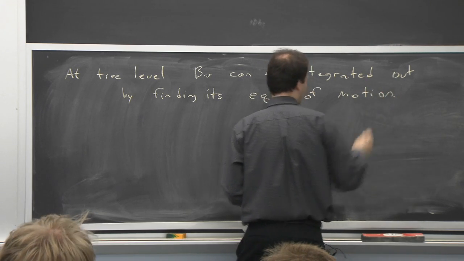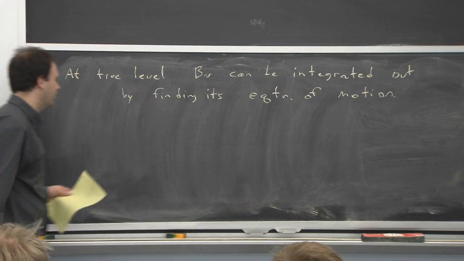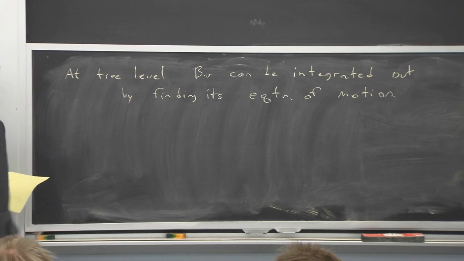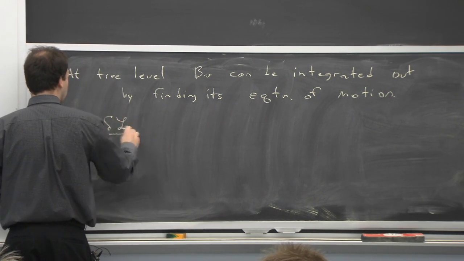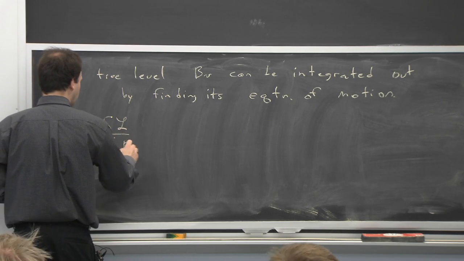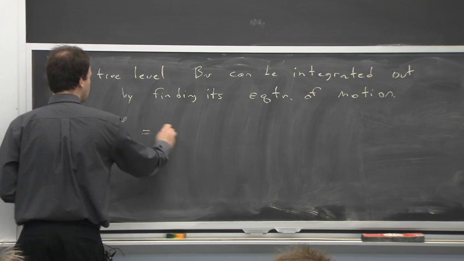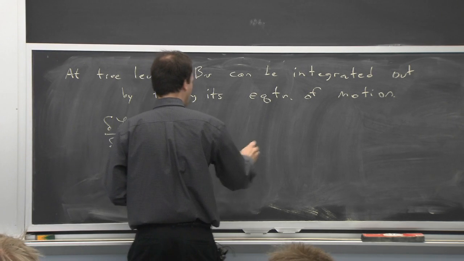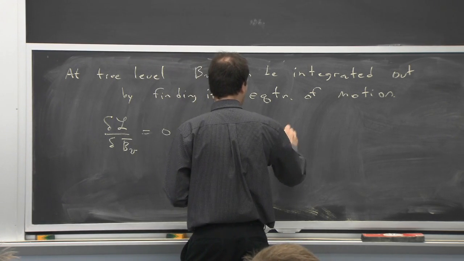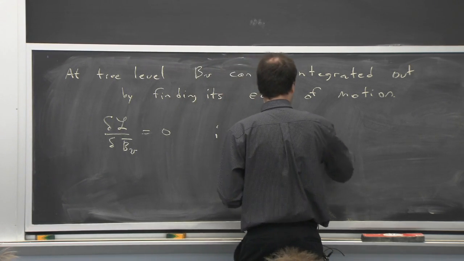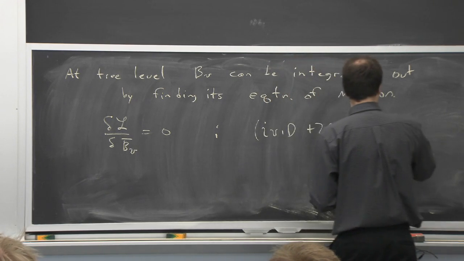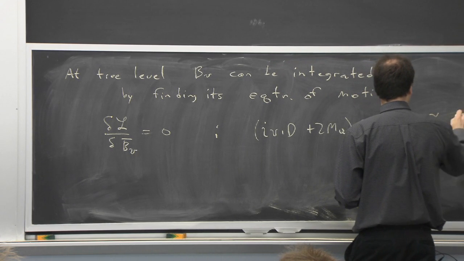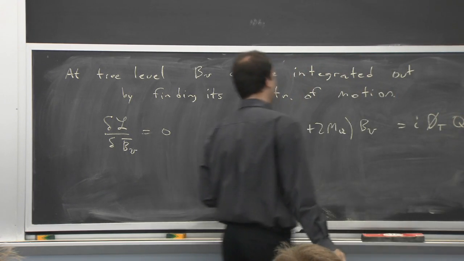So the type of diagrams I was drawing before where we had this wiggly line, it was a BV propagator. We can integrate out that by solving for the equation of motion. So we look for variation with respect to BV bar and set it to 0. And that gives this equation.